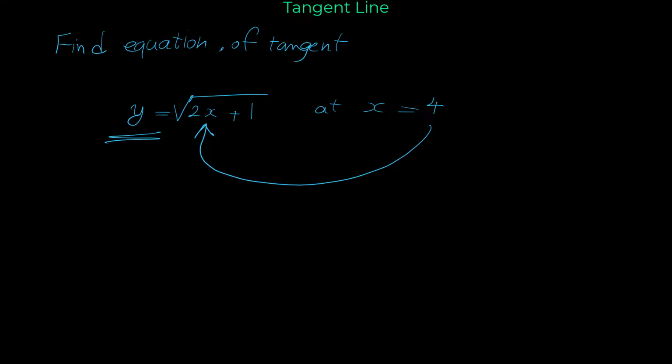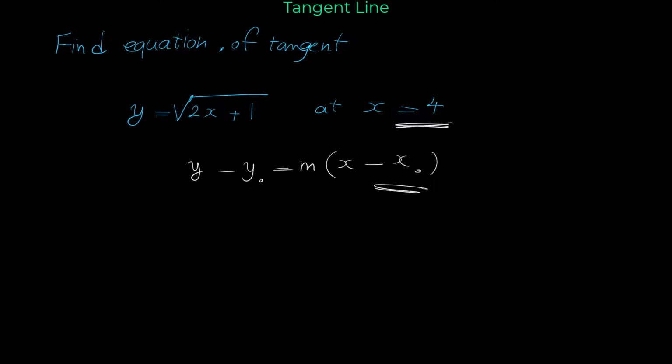Remember the equation of the tangent line? The equation of the tangent line is y minus y sub 0 equals the slope of the tangent line times x minus x sub 0. We need the x coordinate, which we have, and also the y coordinate of the point of tangency, but we only have the x coordinate. It's given here.